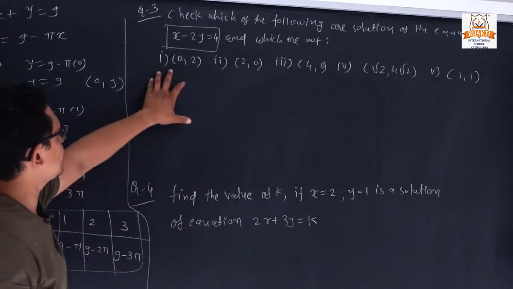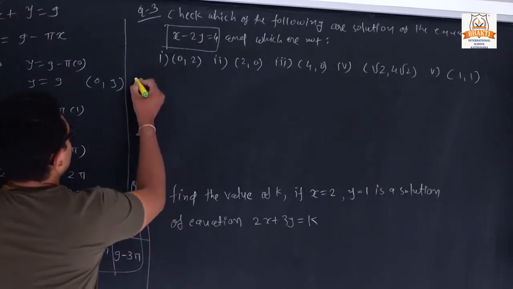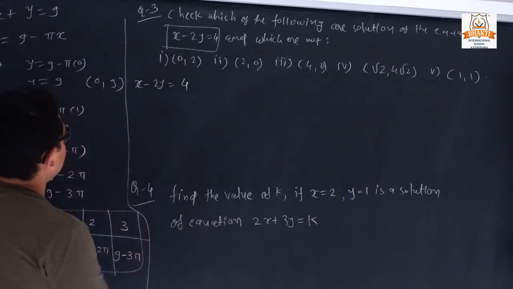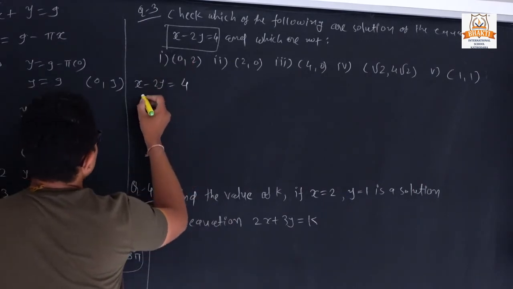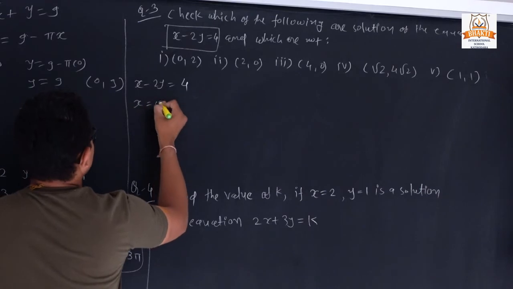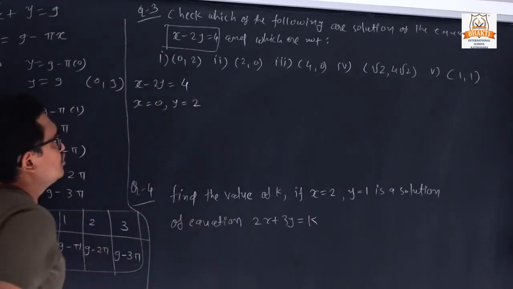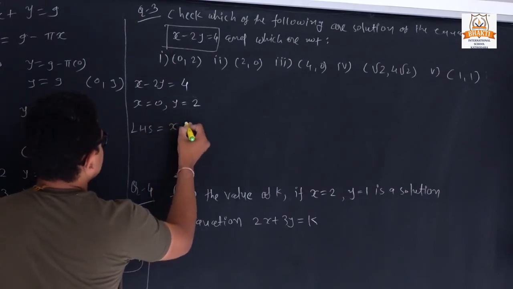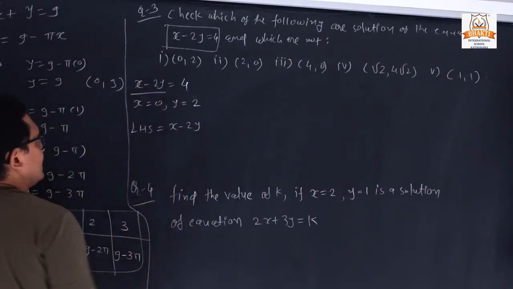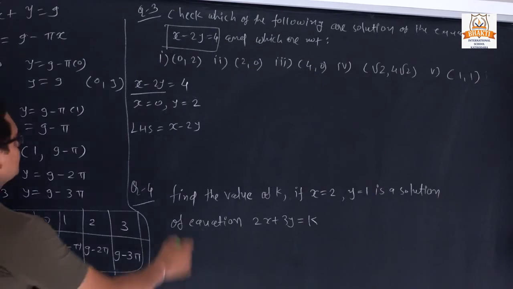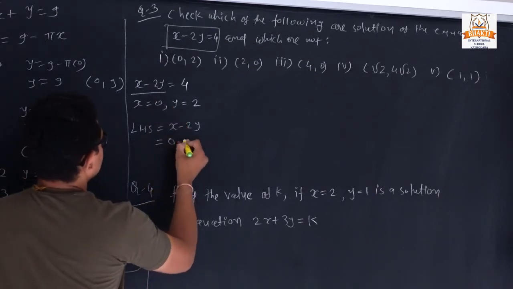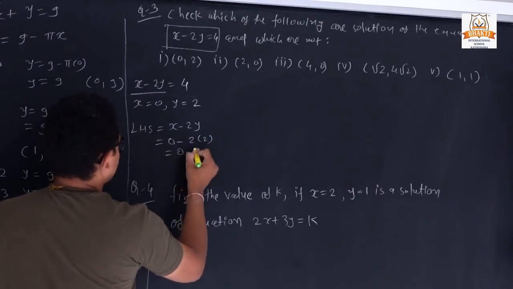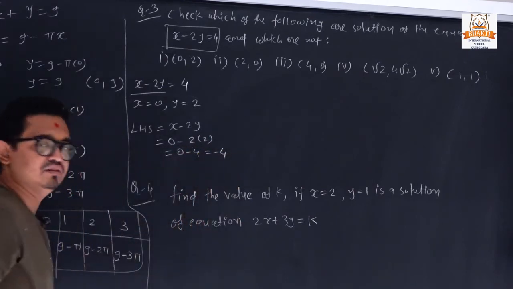So let's start with our question 1. First of all, I am writing x minus 2y is equal to 4. Then the first point is 0 comma 2, so x is equal to 0 and y is equal to 2. Now we will put it in our LHS. What is our LHS here? x minus 2y. So we put x is equal to 0 and y is equal to 2. 2 2s are 4, so 0 minus 4, the answer is minus 4.